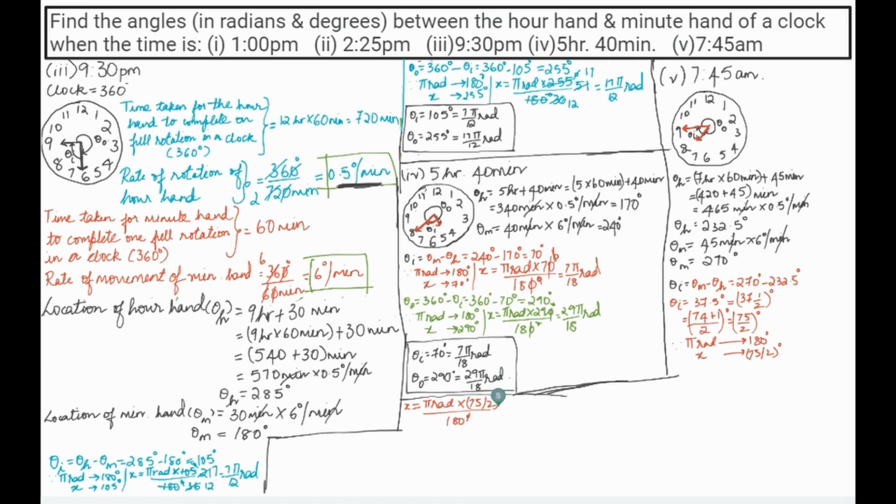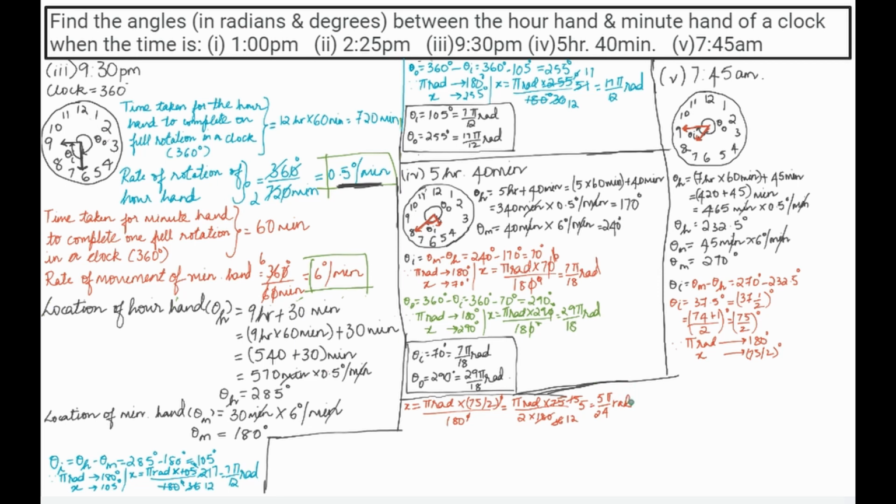Degree unit and degree unit cancel out each other, so we get pi radians into 75 divided by 2 into 180. 5 into 36 is 180, 5 into 15 is 75, 3 into 5 is 15, 3 into 5 is 15, and 3 into 12 is 36. Therefore we get 5 pi by 24 radians.